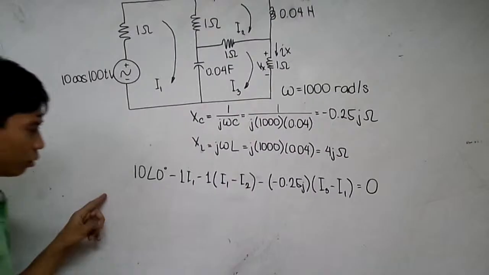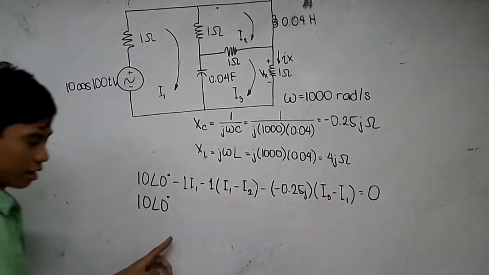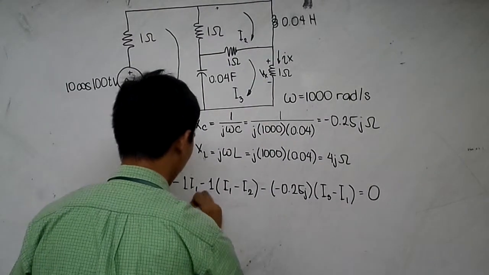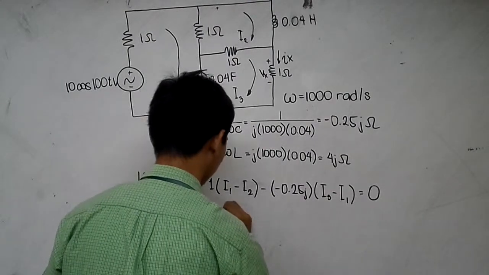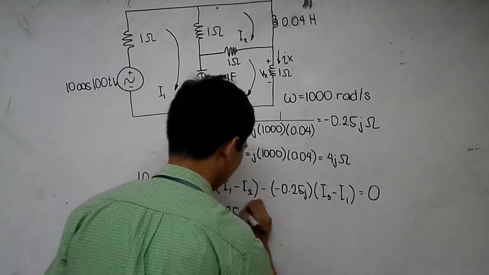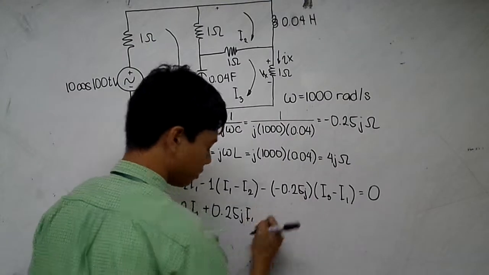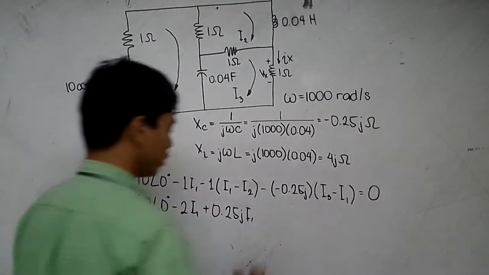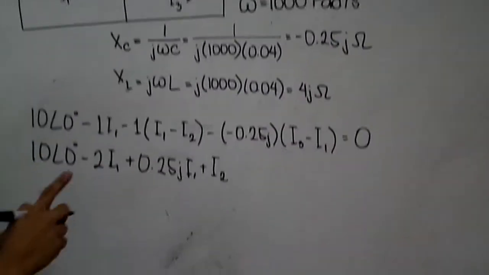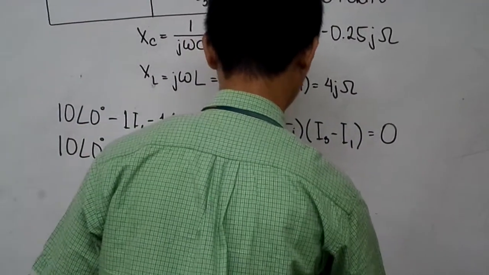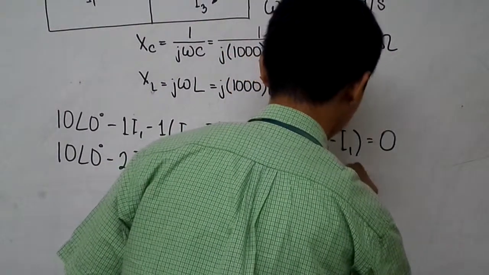Simplifying this equation, we will have 10 angle 0 degrees minus 2 I1 plus 0.25j I1 plus I2 and minus 0.25j I3, which is equal to 0.